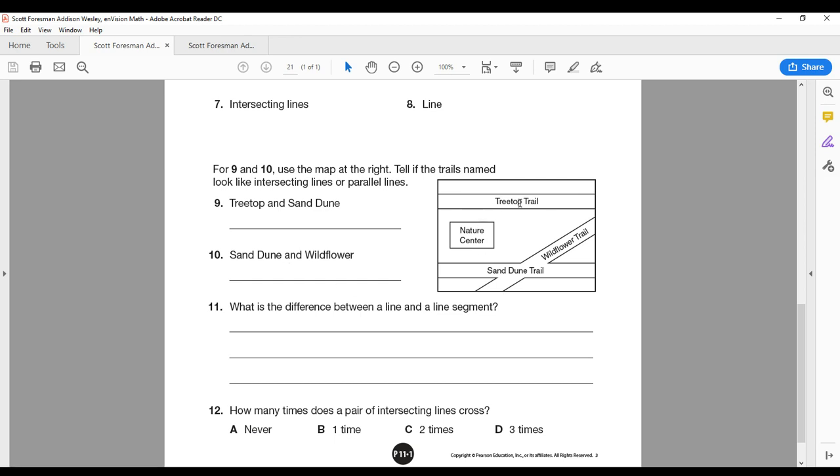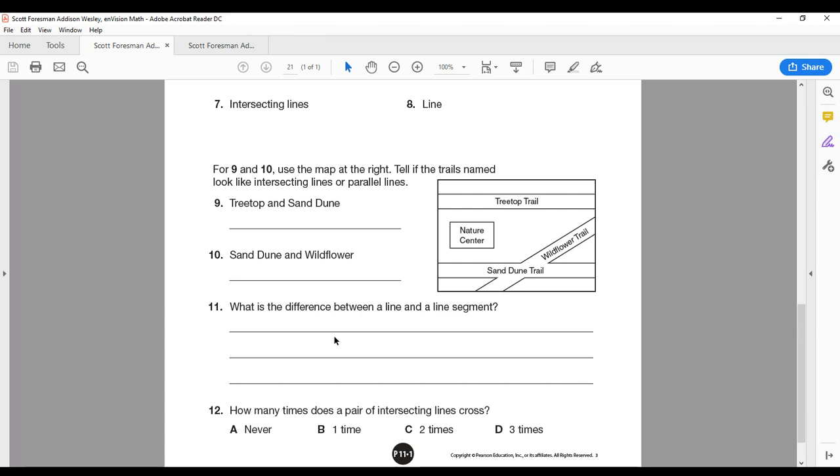So Treetop is here. Sand Dune is here. Do those roads intersect? Or do they look like intersecting lines? Or are they parallel? Do they look like parallel lines? Number 10, Sand Dune and Wildflower. Here's Sand Dune and here's Wildflower Trail. Do those look like intersecting lines or parallel lines?